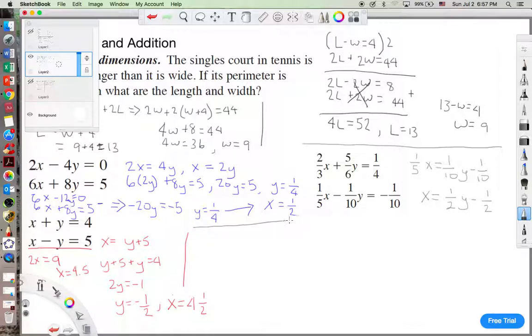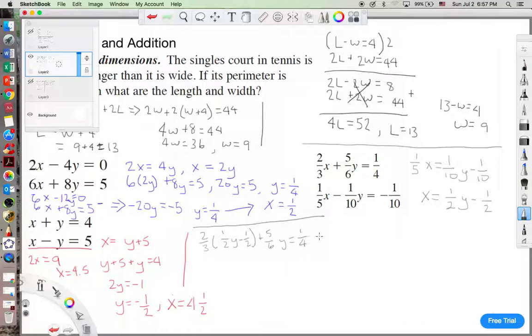We're going to need some space here, so we'll say 2/3 times 1/2 y minus 1/2, plus 5/6 y is equal to 1/4.